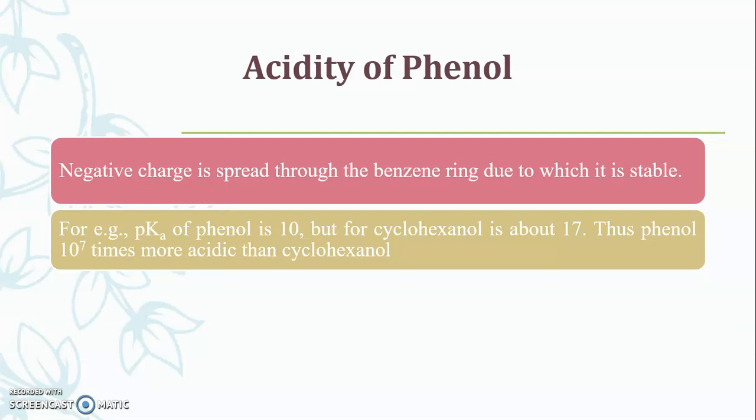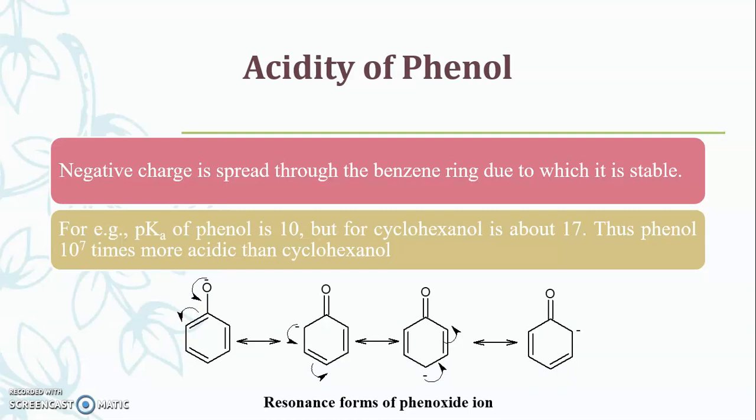Thus phenol is 10 raised to 7 times more acidic as compared to the cyclohexanol. So it gives you an idea about the acidity of the different compounds. If the pKa is less, we can say that that particular compound is more acidic. So here pKa of phenol is 10, so it is more acidic as compared to the cyclohexanol.